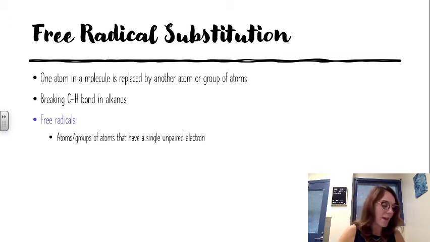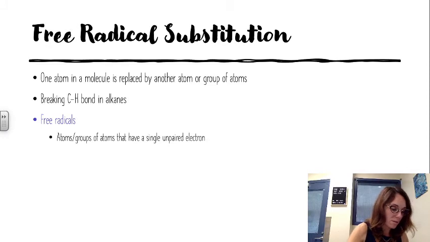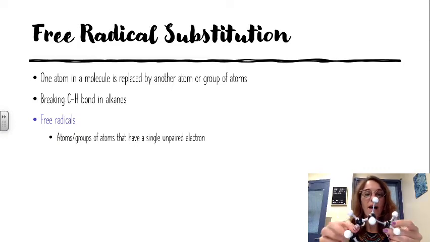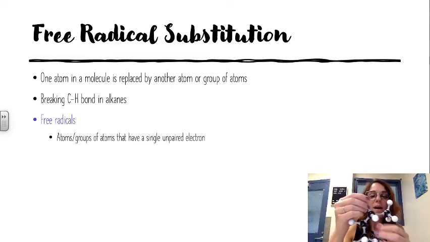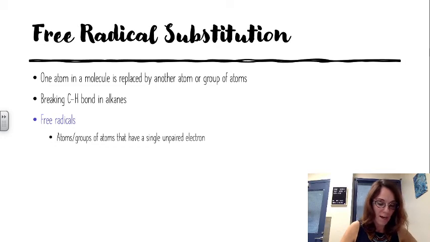And the reason why that happens is because when you break apart a bond, so this was our original alkane. So when this was our halogen here from the substitution reactions.